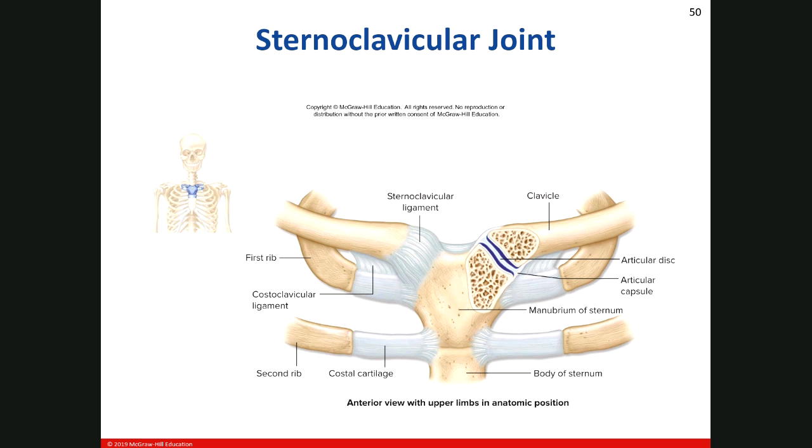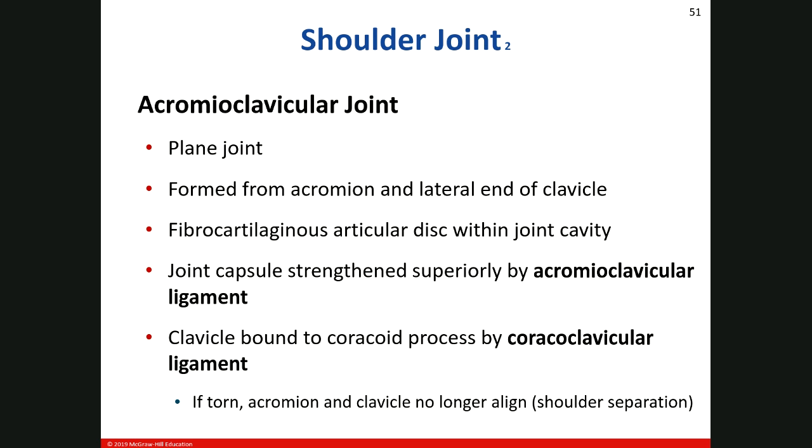But because you have all these ligaments and capsule fibers, and below that area the costoclavicular ligament, which provides a huge amount of stability to this joint, it prevents the joint from being superiorly dislocated.